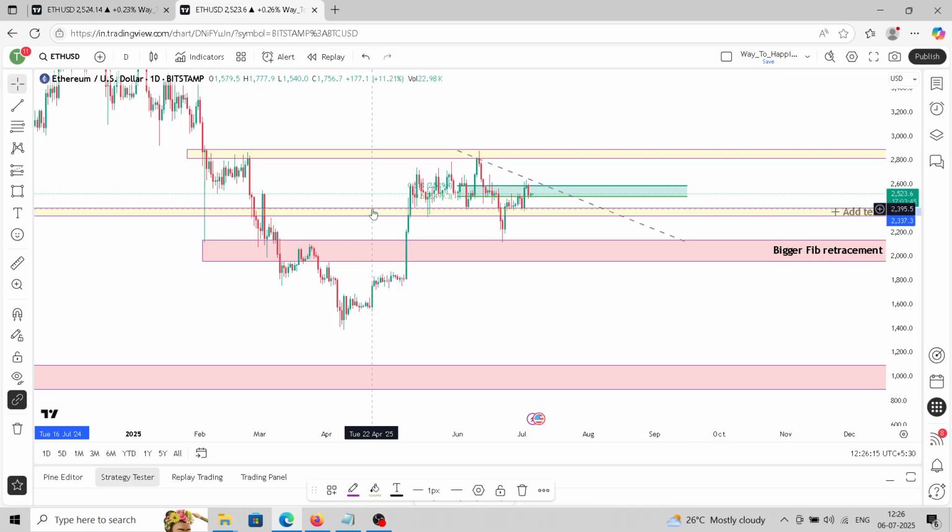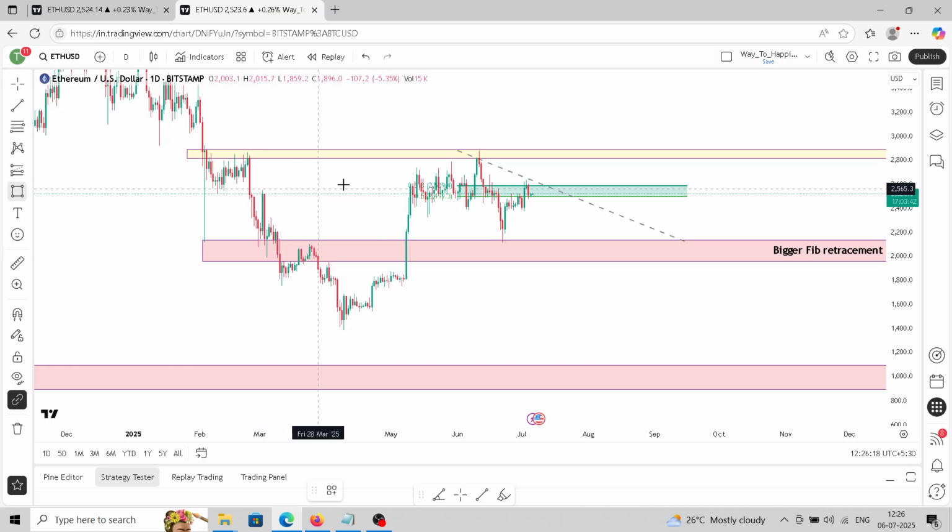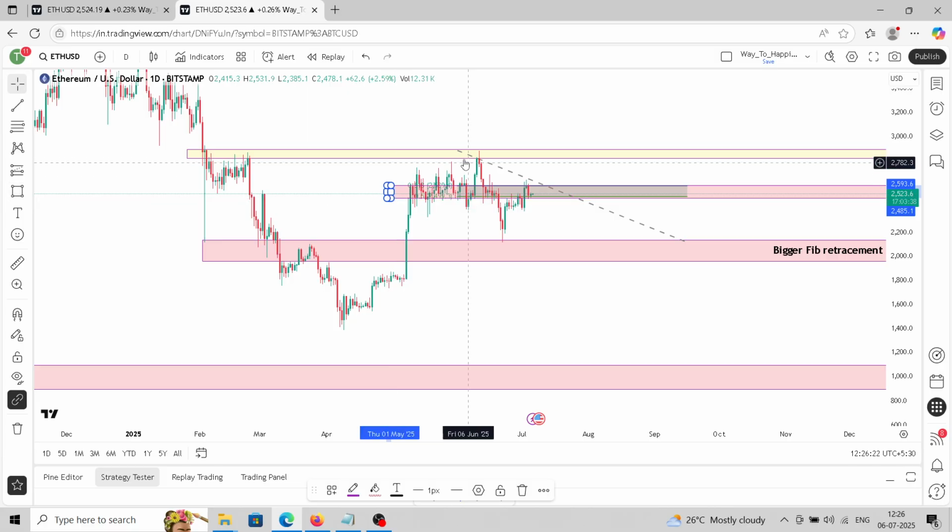Let me delete this because this is coming very near. This level is my minor fib retracement.